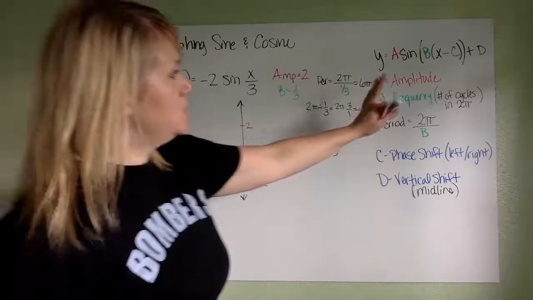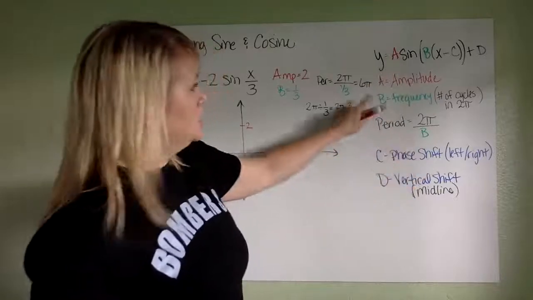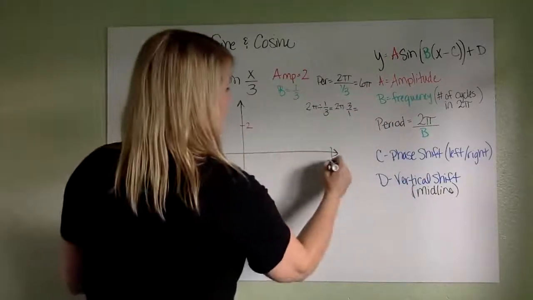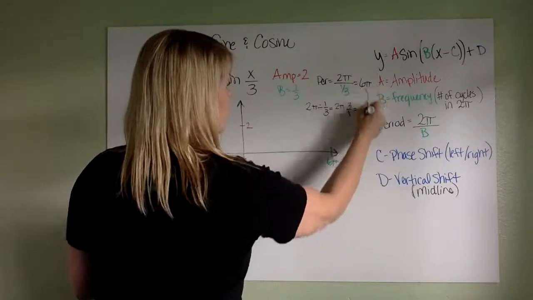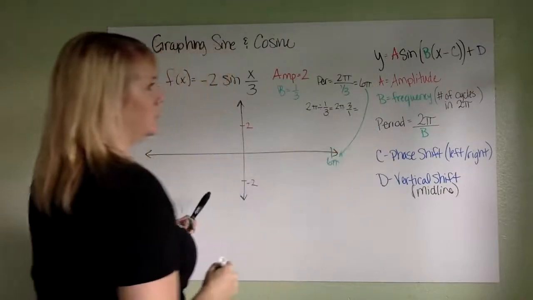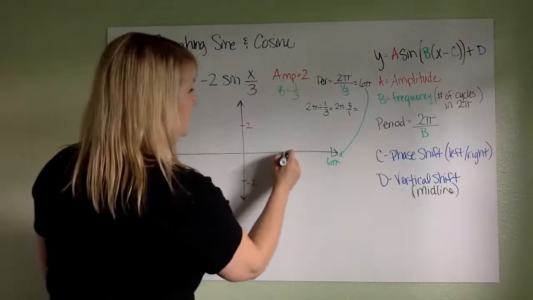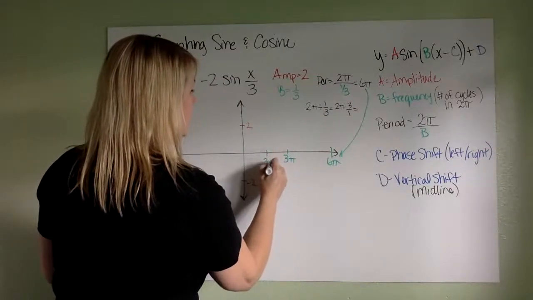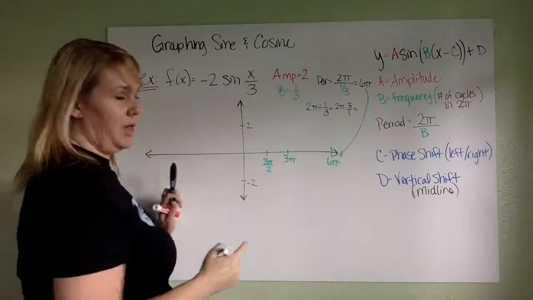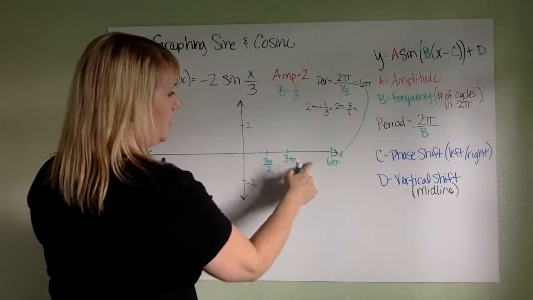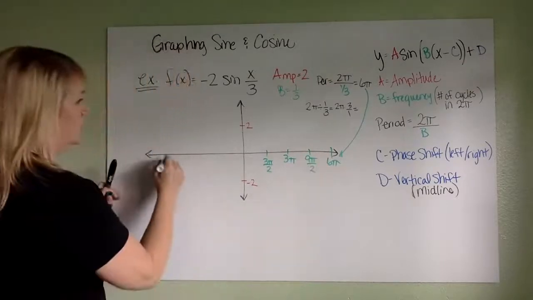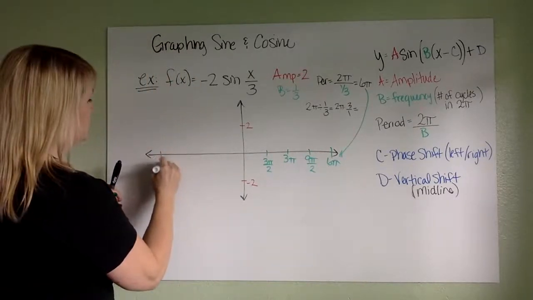Sorry, that's kind of smashing into my definitions over here. So 6 pi is our period, and that goes out here on the 4th mark. Half of 6 pi is 3 pi. Half of 3 is 3 pi over 2, so 1.5. And then 9 halves goes there. And then the left side matches.